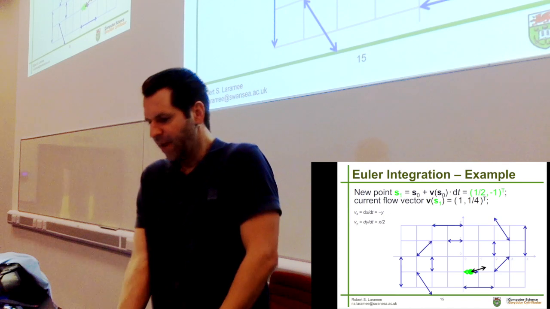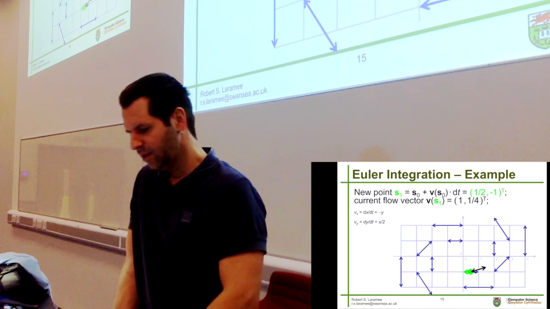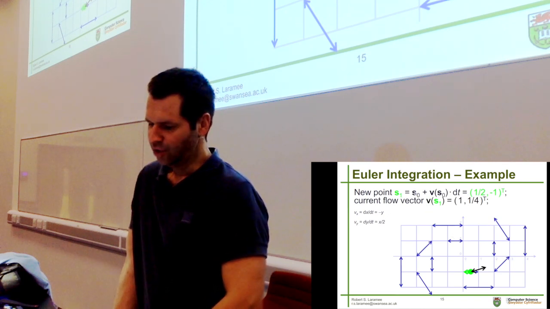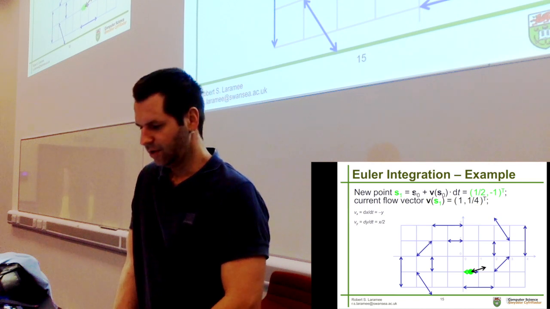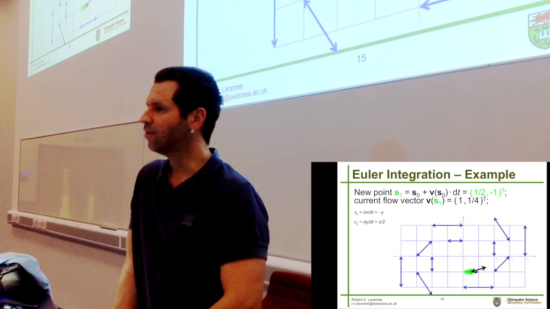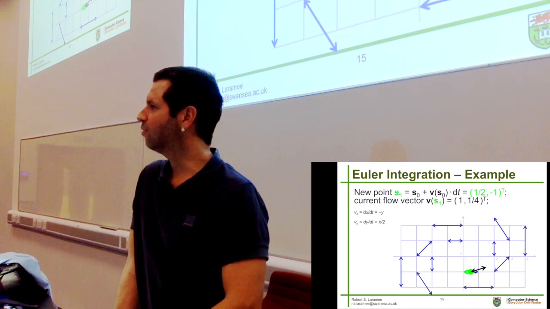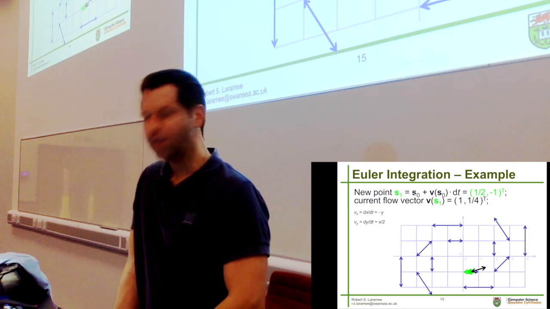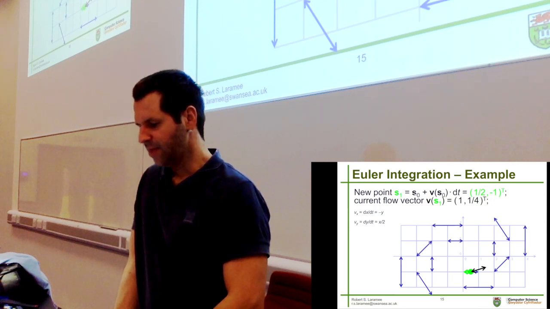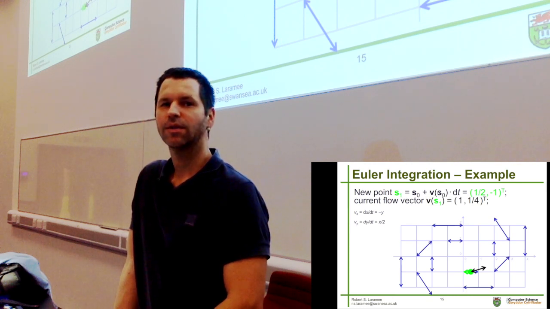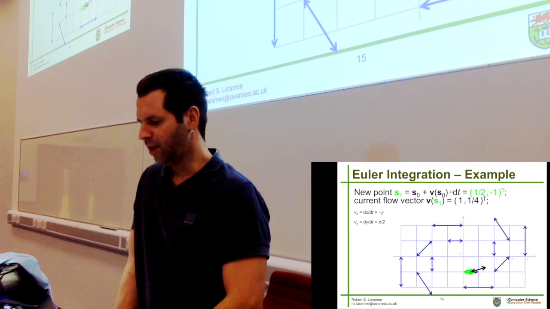Now to get the next point on the line, we take the initial point, that's S naught. This is the next point, by the way, the second point along the streamline. We take the initial point, then we add to it the vector at that point, and we multiply it by dt.